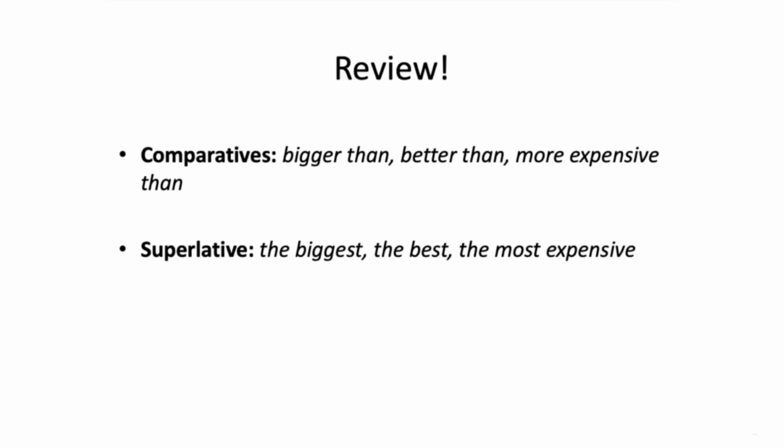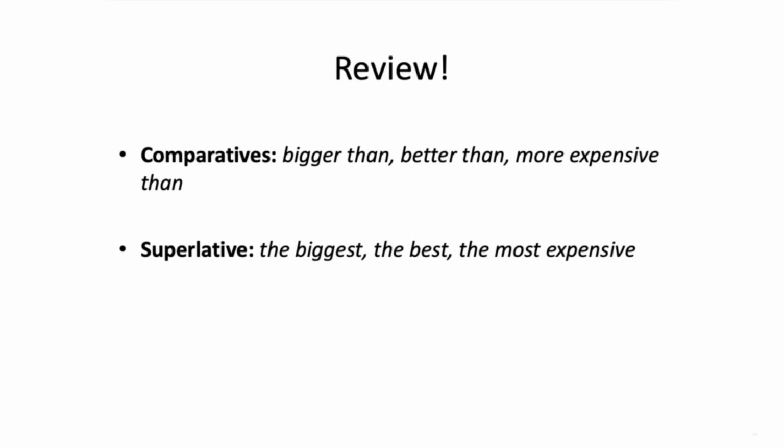How we form these comparatives and superlatives depends on the number of syllables in an adjective. Generally speaking, for adjectives with only 1 or 2 syllables, we add the suffix er and use the word than to form the comparative, and use the and the suffix est for the superlative.